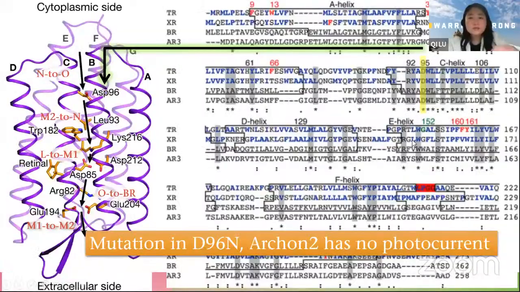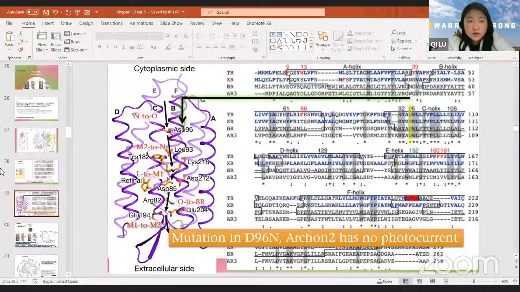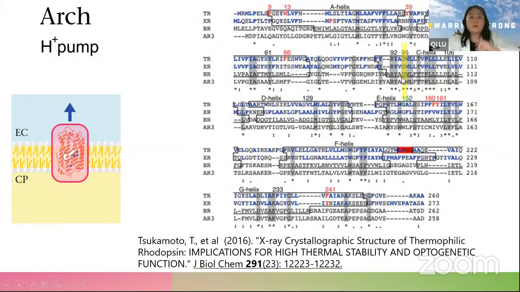And I think there's some change. Let me see. I would like to indicate that it's here. It's 92 in this location. It is quite critical for the proton pump, because if using it as a voltage indicator, we cannot have this light-activated proton current involved in the cellular process.